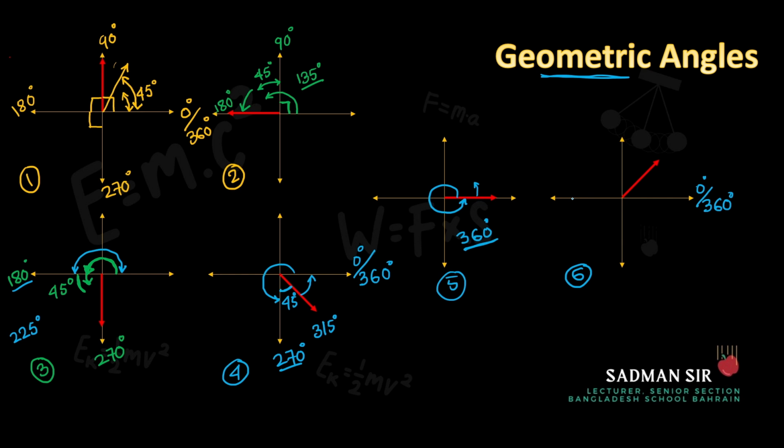It will continue up to 180 degree, 270 degree, and then 360 degree. After that, if it still keeps rotating, then it will not be like 361, 362, 363. No. After 360 degree, it will come back to the initial position, and start counting from 0 degree again, means 1 degree, 2 degree, 3 degree again.